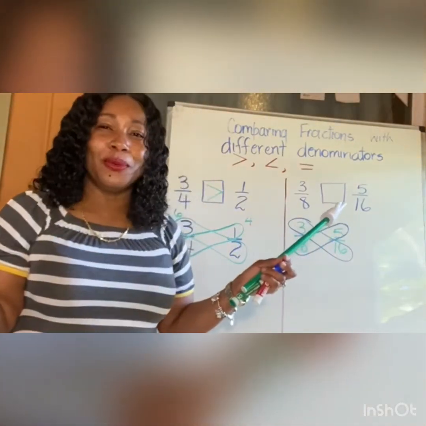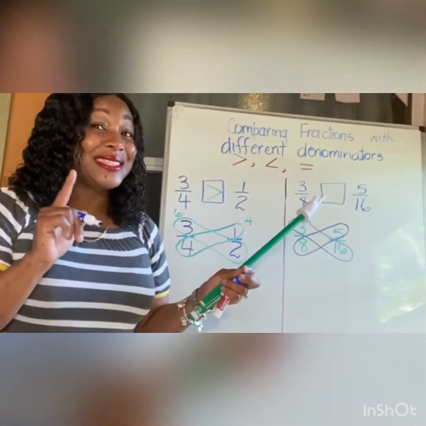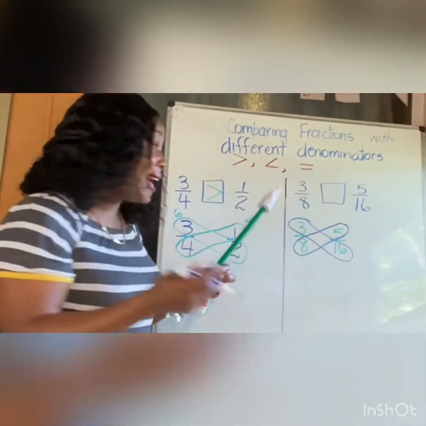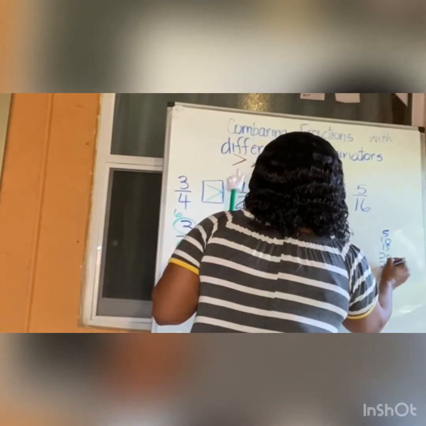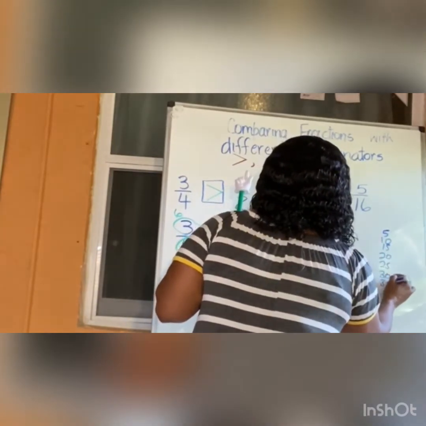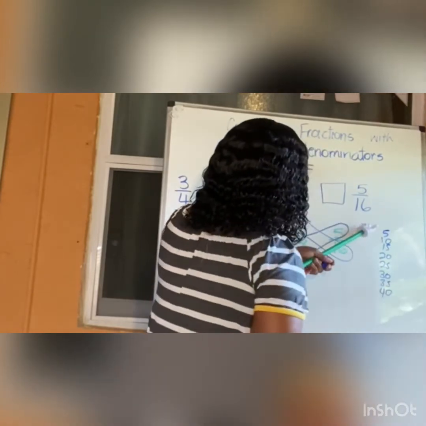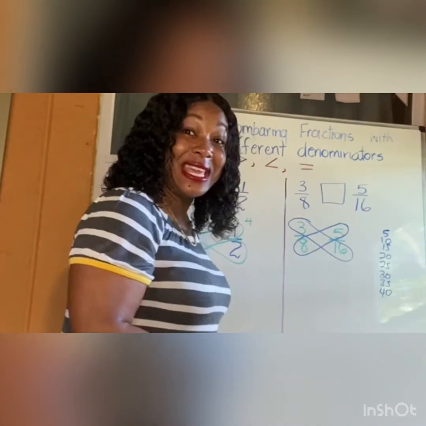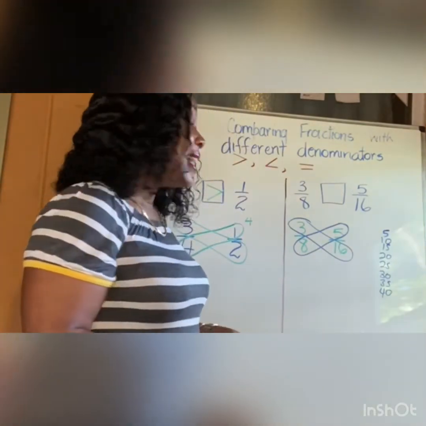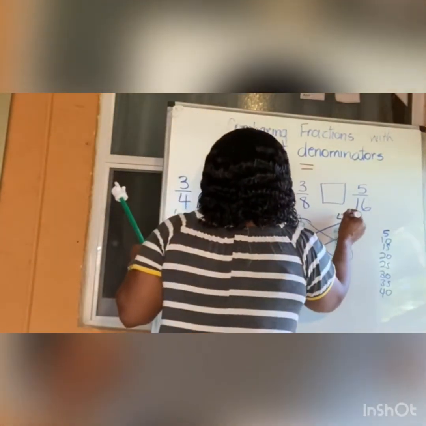Remember, if you don't know, boys and girls, you can skip count. 5, 10, 15, 20, 25, 30, 35, 40. 1, 2, 3, 4, 5, 6, 7, 8. So that is 5 times 8, and that is 40.